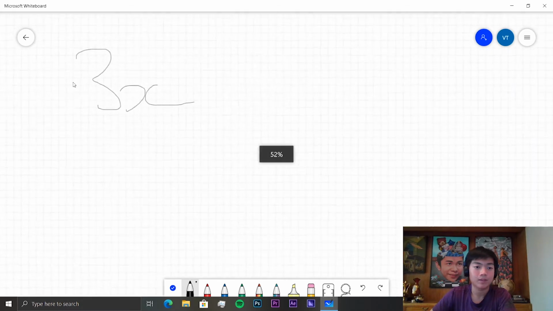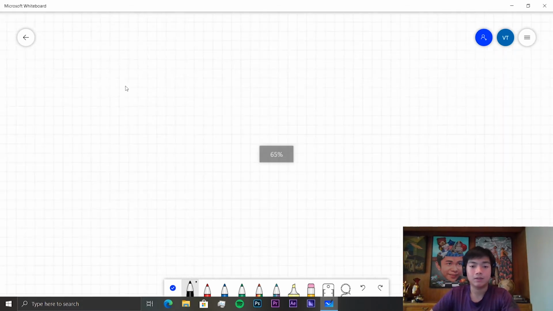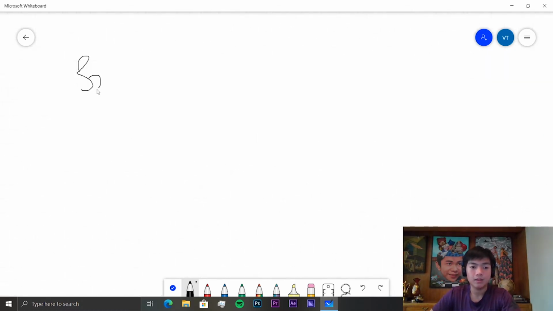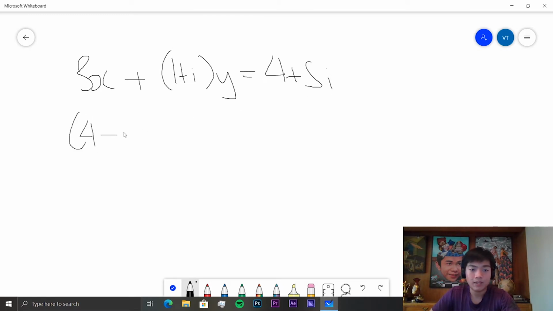So we need to solve the two following systems of linear equations. The first is (3)x plus (1 plus i)y is equal to 4 plus 5i, and (4 minus i)x minus (1 minus i)y is equal to 7.